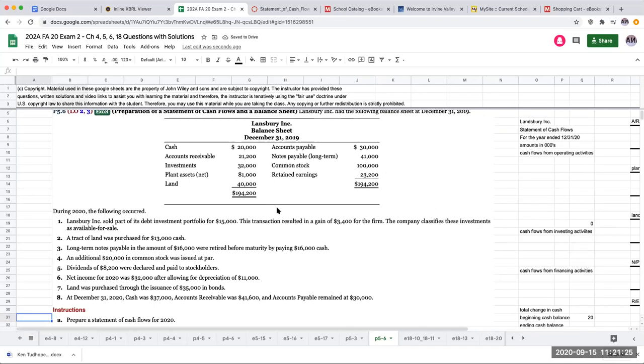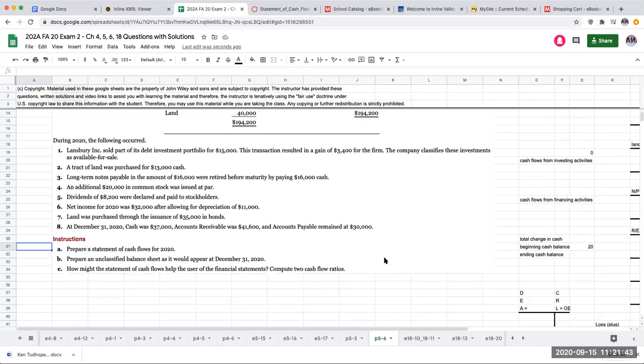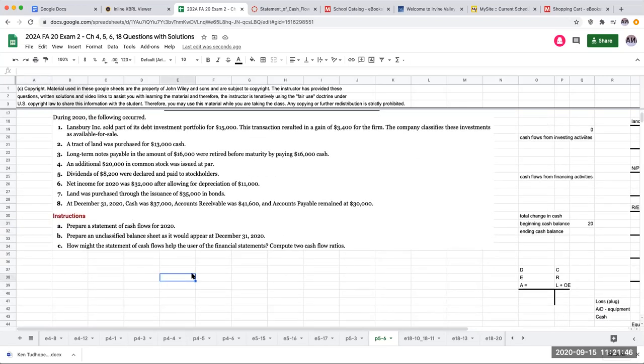So Lansbury sold off part of its debt investment portfolio. That means that they had an asset for $15,000. This transaction resulted in a gain of $3,400 for the firm. The company classifies these investments as available for sale securities. So if I was to do this as a journal entry for number one, I sold the portfolio for $15,000, so I'm getting cash.